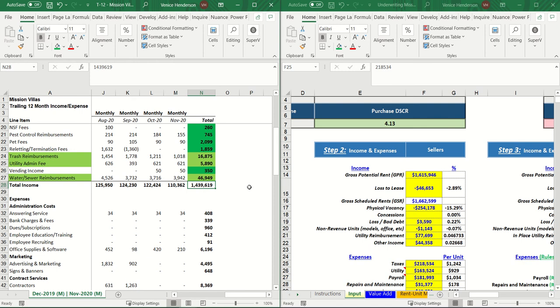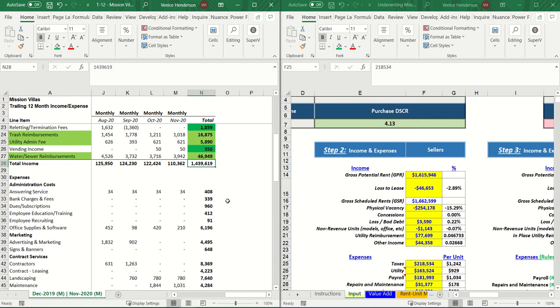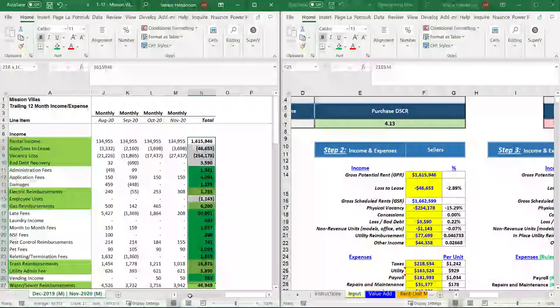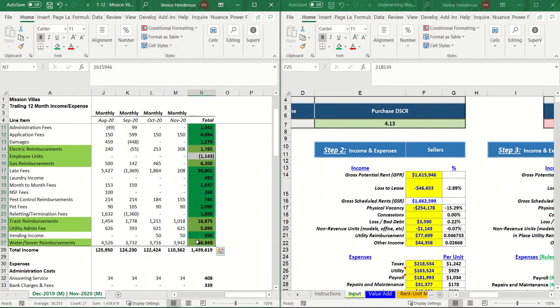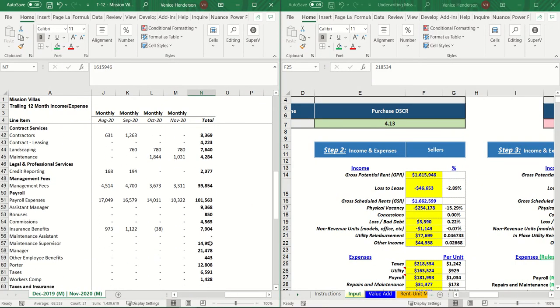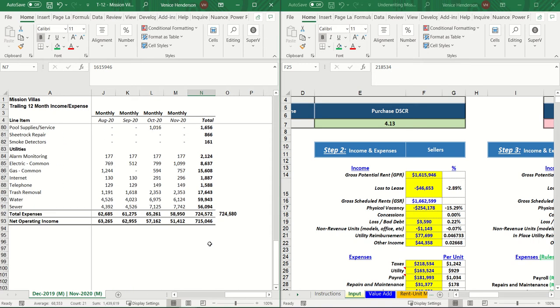So I have $1,439,619 for my total income. You're right, you all. I didn't add this up. Let's make sure this is working. Okay, that works. That works. So I'm going to do equals.